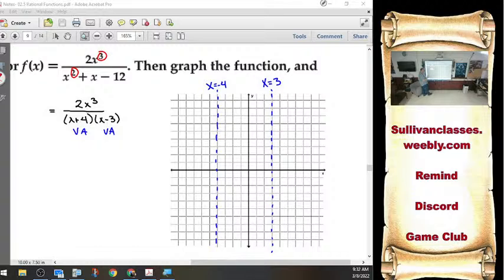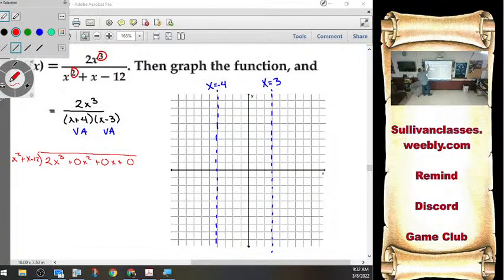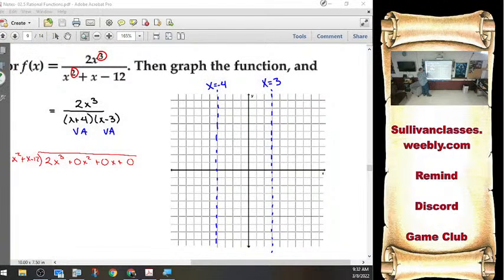You have to know linear, or you have to know longhand. 2x to the third, 0x squared, 0x, 0, divided by x squared plus x minus 12. Divide. 2x cubed divided by x squared is 2x. 2x times the stuff is 2x to the third, 2x squared, negative 24x.